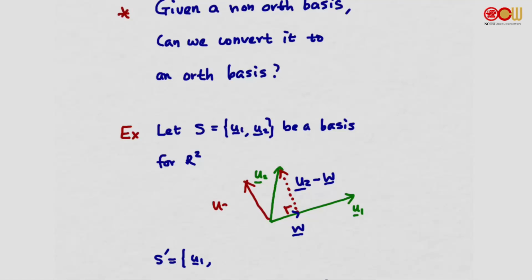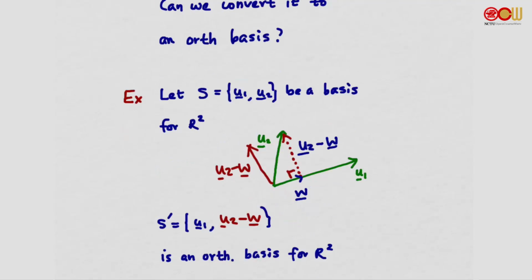If we throw in U2 minus W here, will this be an orthogonal basis? Yes, that will be an orthogonal basis. So now we have converted a non-orthogonal basis to an orthogonal basis for R2. This S prime is such a basis.